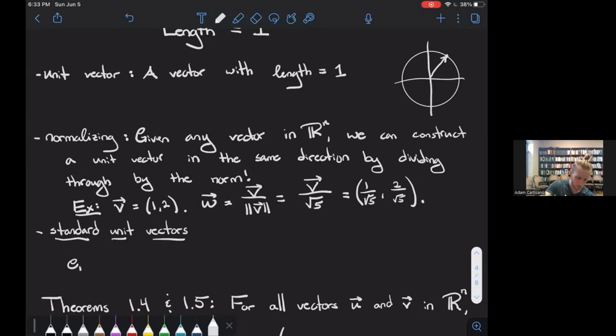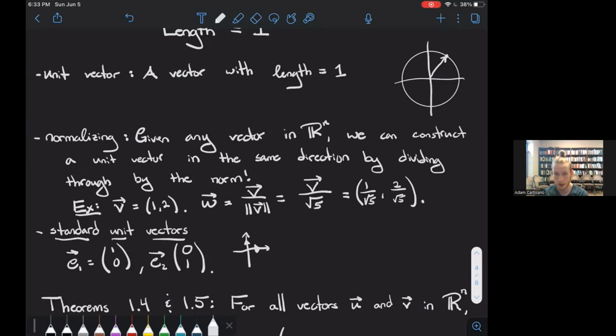So e and then 1, whatever. E1 we'll call 1, 0. E2 is 0, 1. Okay, and as vectors just in the plane, they're like 1 unit in the positive x and positive y directions, right?